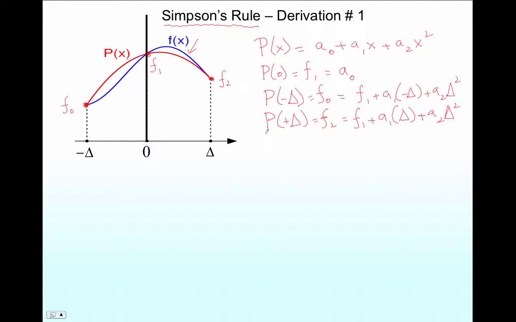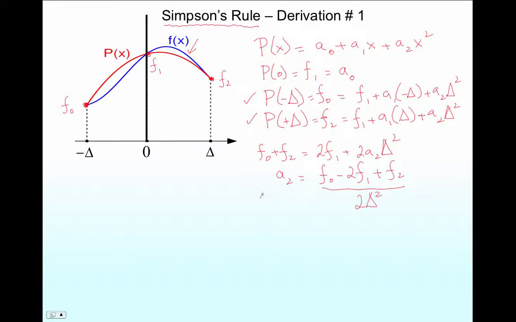Okay, so now let's add this equation to this equation, in which case we get f0 plus f2 equals 2f1 plus 2a2 delta squared, since the a1 terms cancel out. Which means a2 has been found to be f0 minus 2f1 plus f2 divided by 2 delta squared.